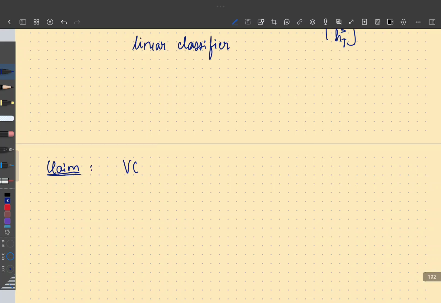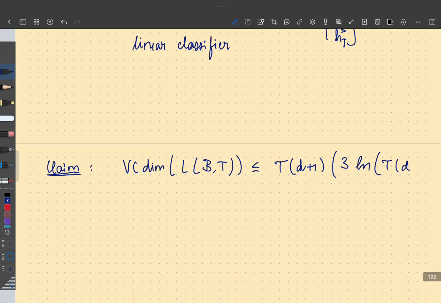The VC dimension of this hypothesis class can be upper bounded by T times (D plus 1) times (3 log to base e of (T times (D plus 1)) plus 2).